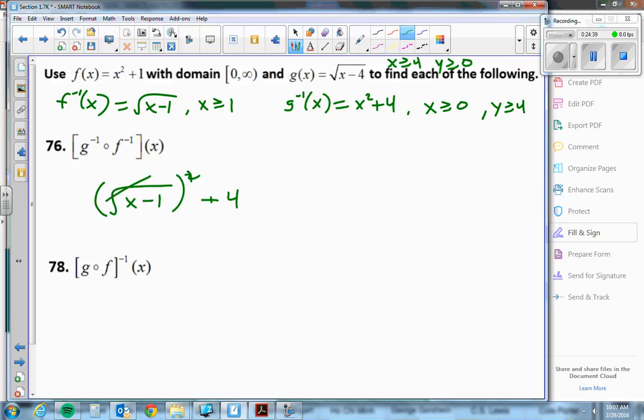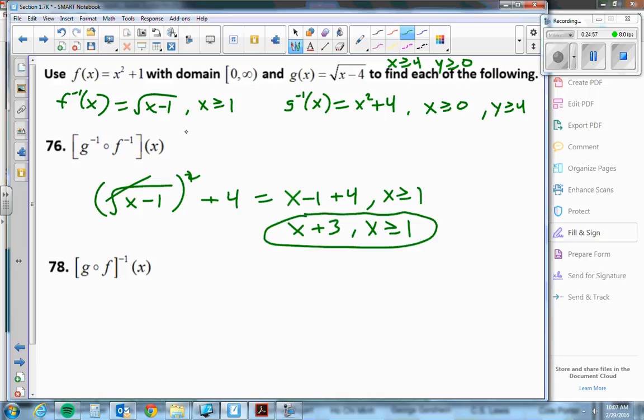When you cancel, you get x minus 1 sitting there, but with the restriction, which means the answer is x plus 3 with the restriction. If I had the calculator up and running, I'd plug this in. If you plug this in, you should see this line, but not the whole line.